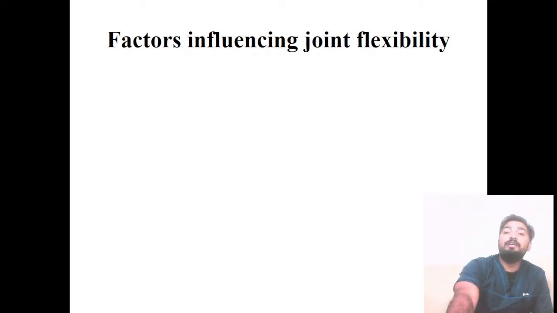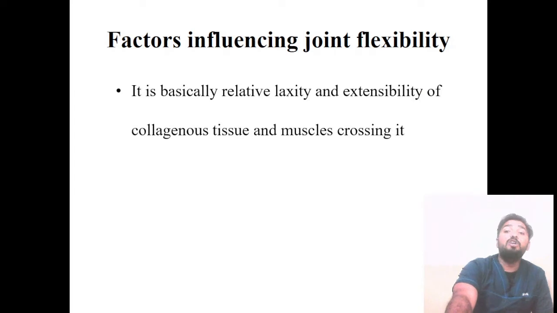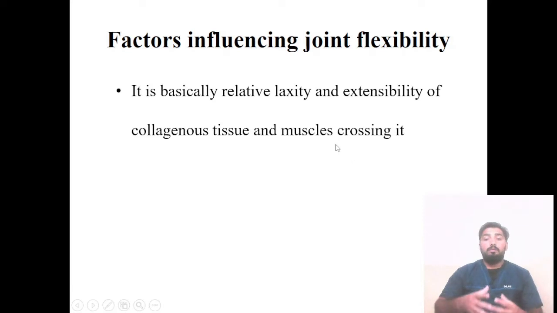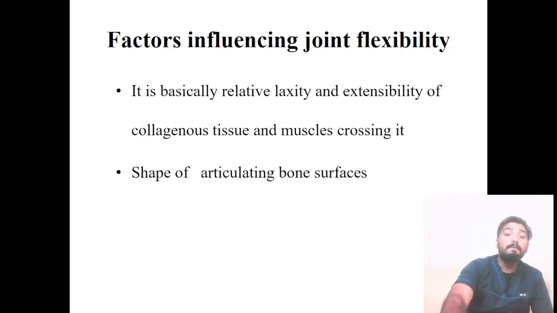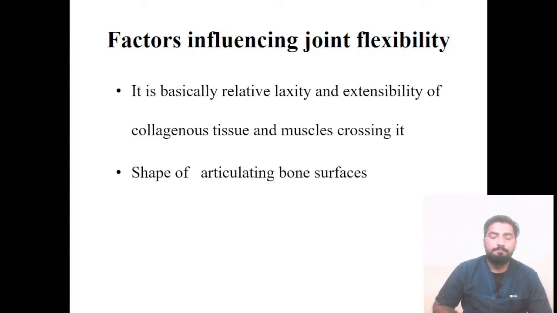The factors influencing joint flexibility. What are the factors which influence joint flexibility? It is basically the relative laxity and extensibility of the collagenous tissues and the muscles crossing it. As already told, the different kinds of soft tissues that cross a joint, the muscles, and the shape of the articulating bones matter.